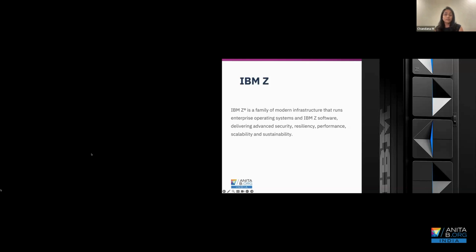IBM Z has unmatched reliability and availability in the world of mainframes, and it has massive scalability, parallel processing, and hybrid cloud readiness. Now that cloud has become the new landscape of data, there is a need for hybrid cloud management. That's the reason IBM Z is ready for hybrid cloud management as well.